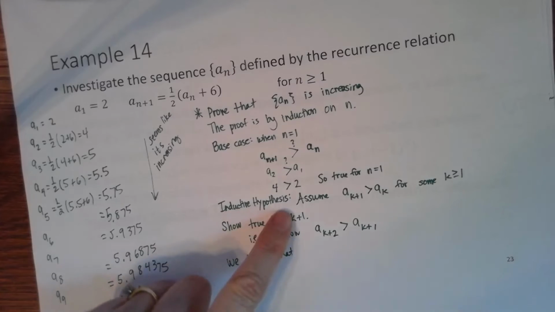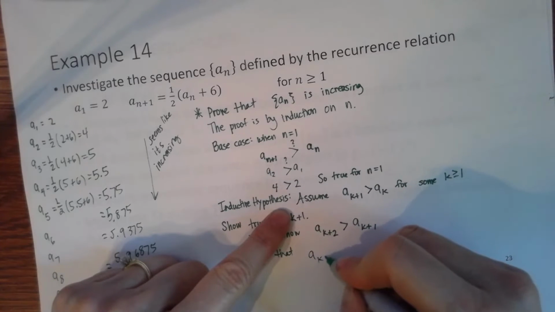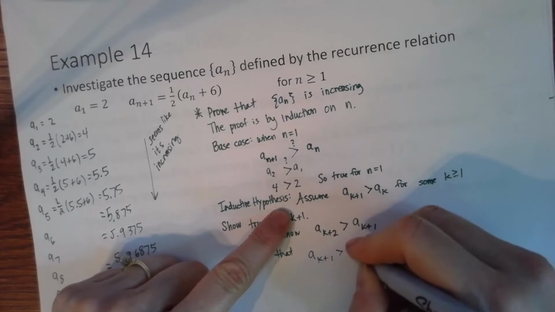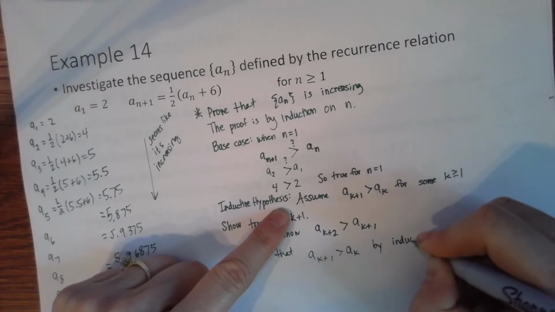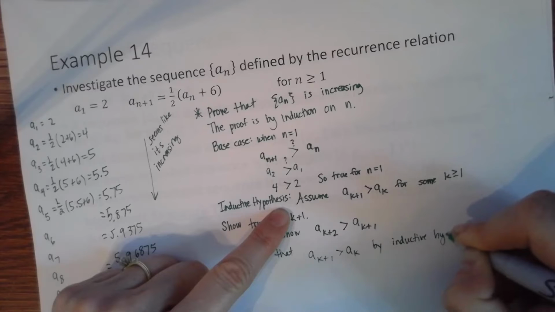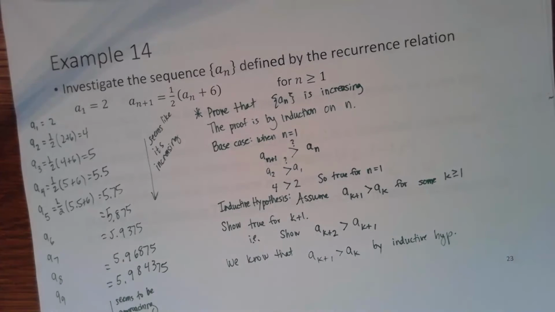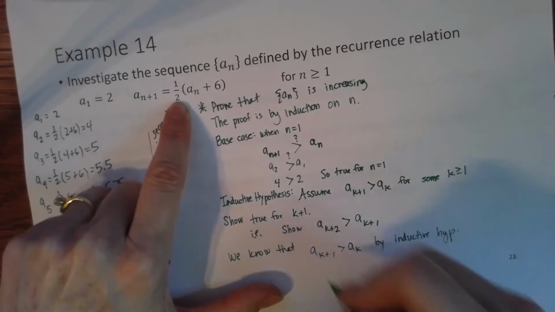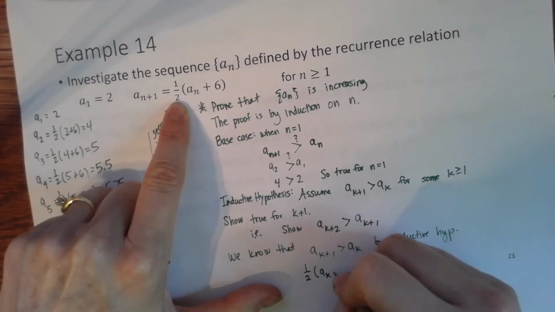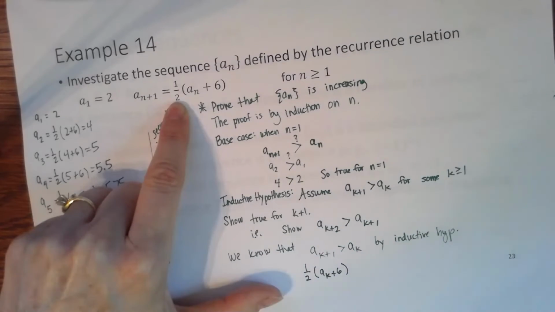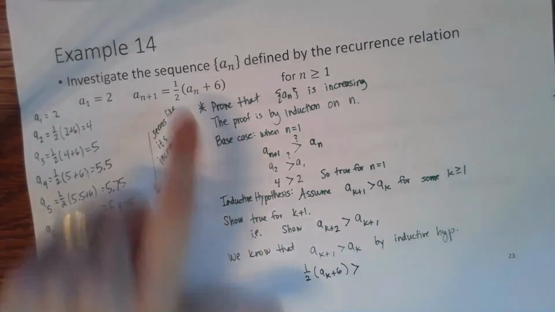So we know from our inductive hypothesis that a sub k plus 1 is greater than a sub k. And what is a sub k plus 1? Well, that is just 1/2 of a sub k plus 6.